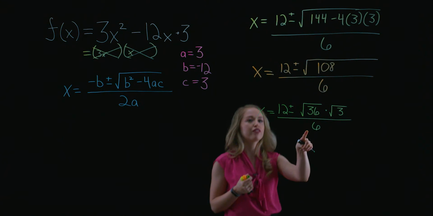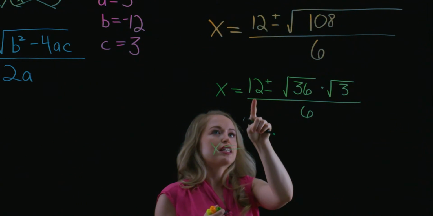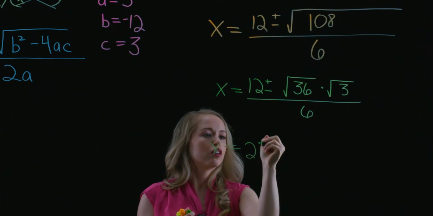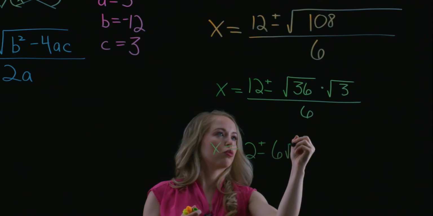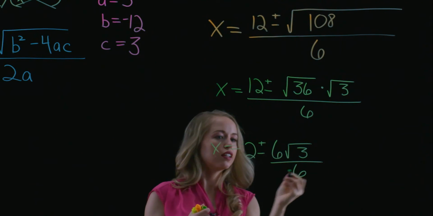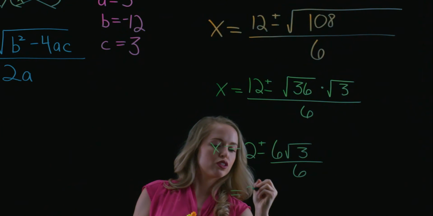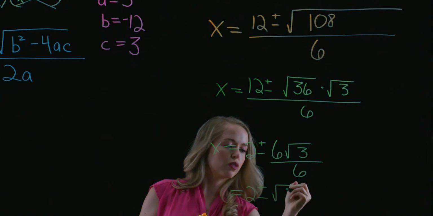I go ahead and simplify further. I'm going to take my 12 divided by 6, which becomes 2, plus or minus 6 root 3 over 6. Here my 6's will cancel out. I wind up with 2 plus or minus root 3.